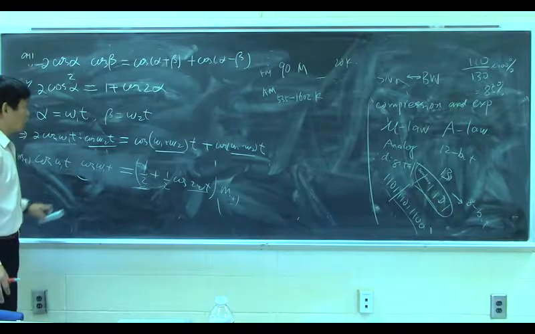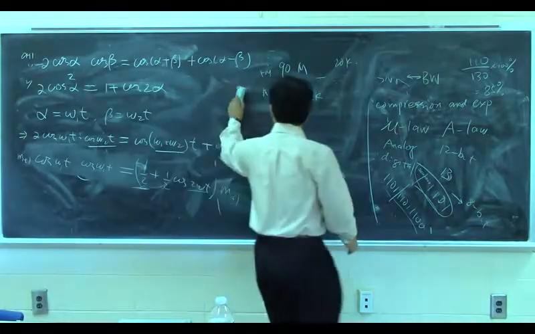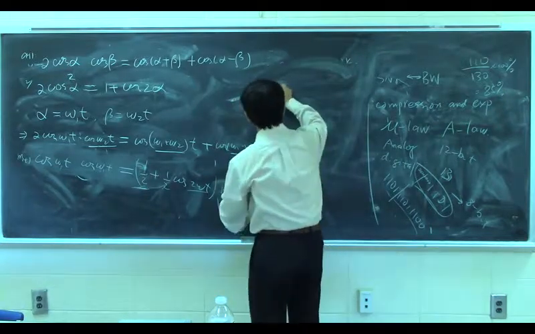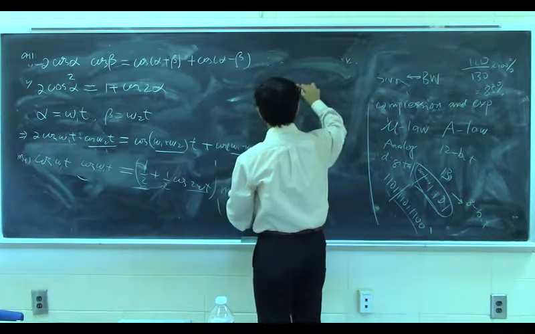We have another identity, which is cosine alpha plus cosine beta.